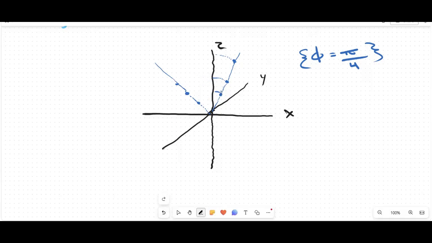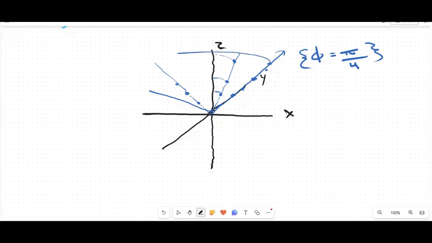Also, over here in the xz plane, all those points, and even in the z negative y direction, maybe all along here.